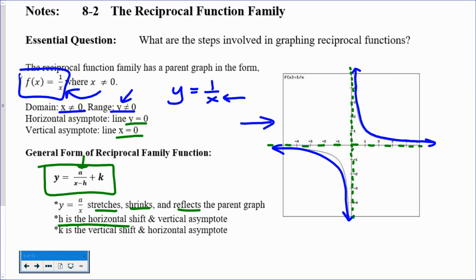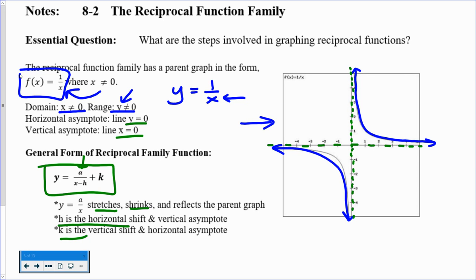The H is the horizontal shift. It's not vertical, it's just the horizontal shift. Let me read what this says: it is the horizontal shift with the vertical asymptote.